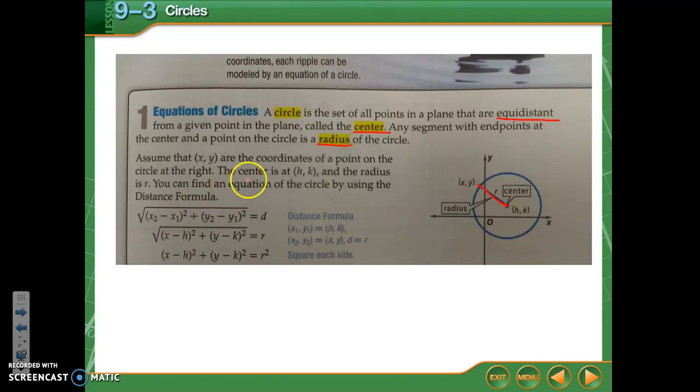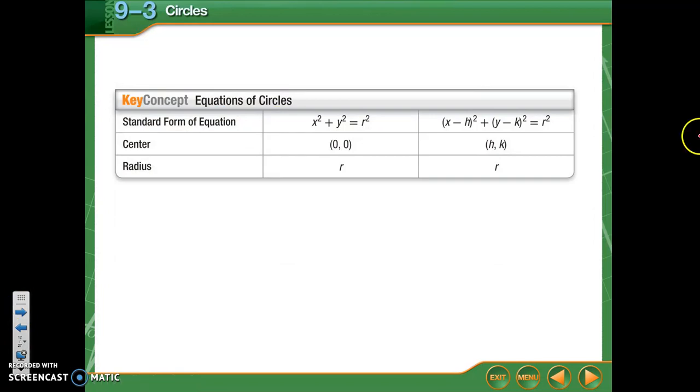Here they're saying that my x1 and y1 are h and k, and my x2 and y2 are x and y. And then when I square both sides to get rid of the square root, I have the radius squared is equal to (x minus h) quantity squared plus (y minus k) quantity squared. So that is the familiar formula of a circle that you should recognize.